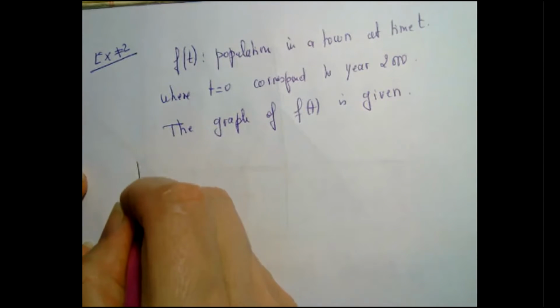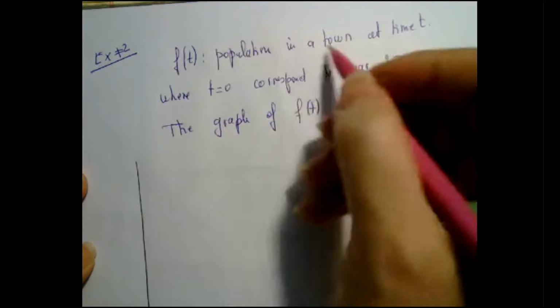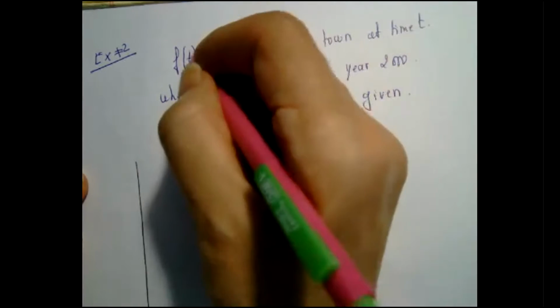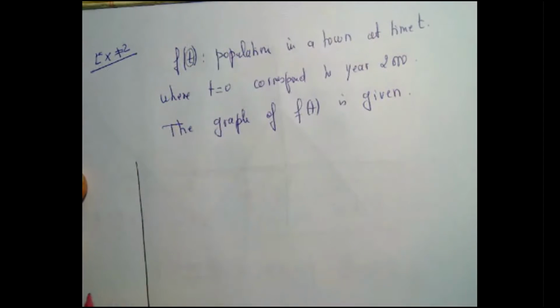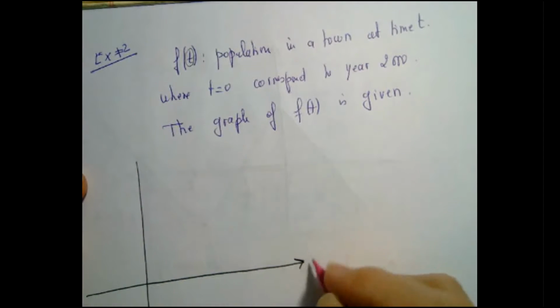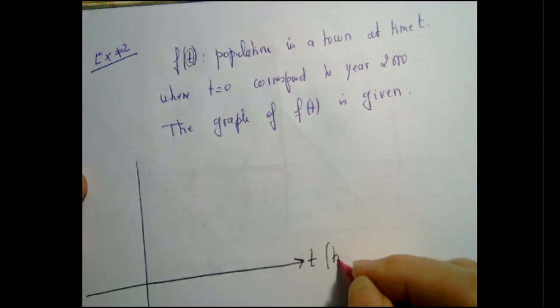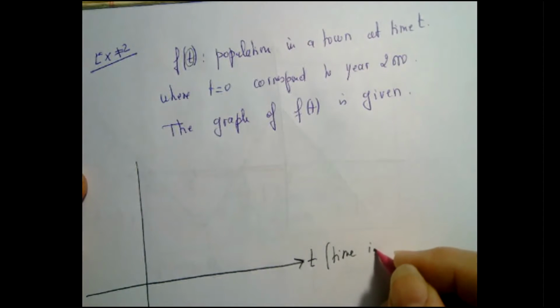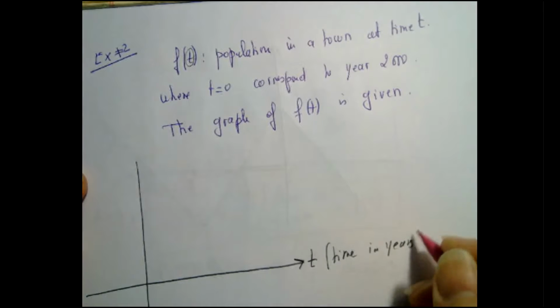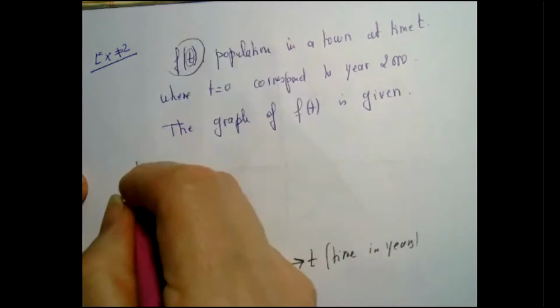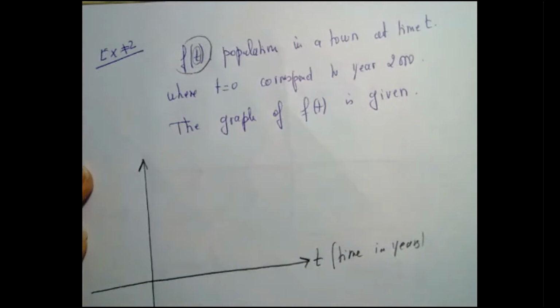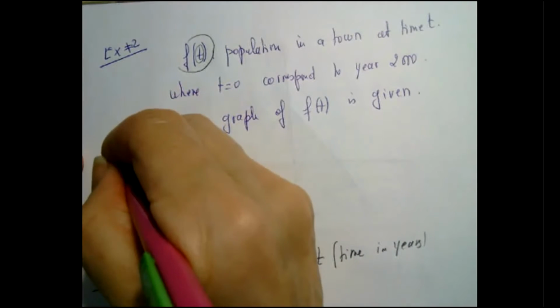So this is my graph. My function is the population. In this case, f of t, t is the input, so t is time in years. That's my input. My output, f of t, is the population, so on the vertical axis I'm going to put the population.